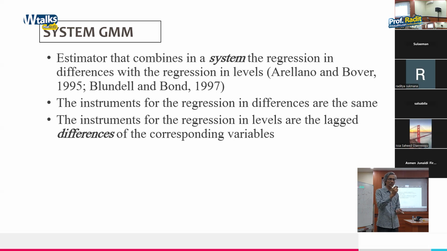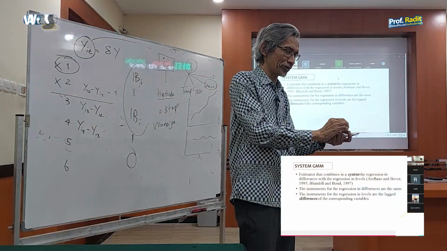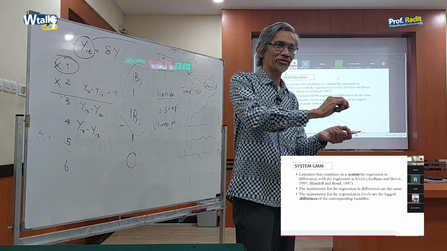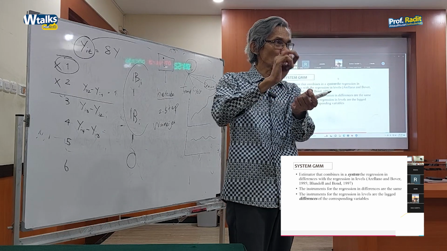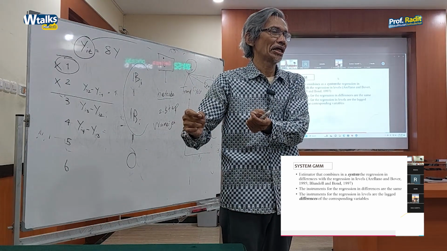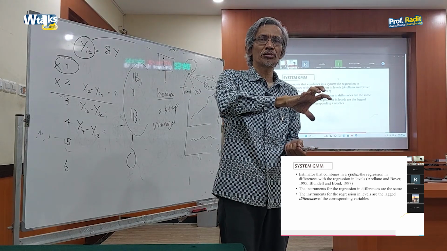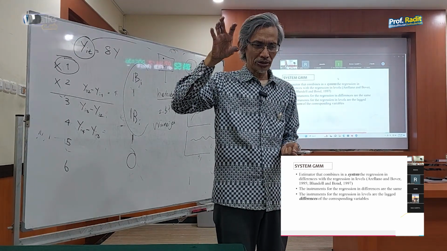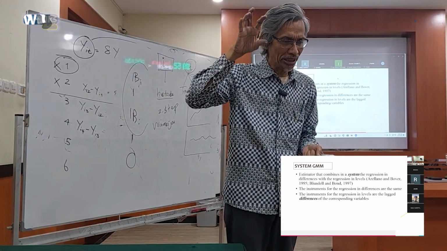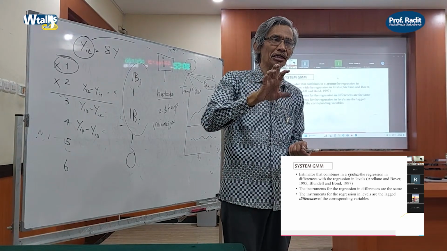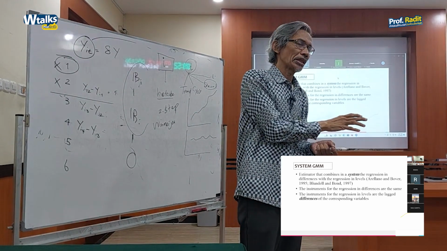And that's the reason why in most cases, when you read the articles, normally they will use two-step system GMM. But I gave you the evolution from one step, two step, first difference, and now system GMM, also one step and two step. And why people use system GMM? Because of that weak instrument problem, because they want to maintain information in the data, you don't filter them out, right?